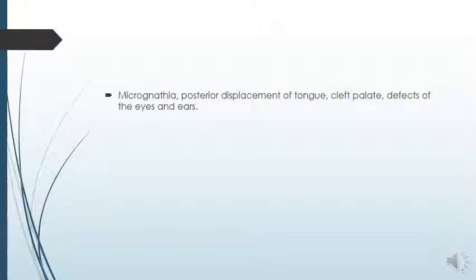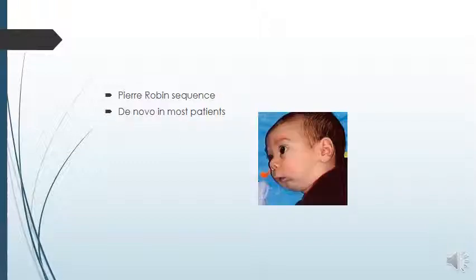And the last one: micrognathia, posterior displacement of the tongue, cleft palate, and defects of the eyes and the ears. The answer to this one is Pierre Robin sequence, and it is a de novo mutation in most patients. This is a very characteristic looking child who has Pierre Robin sequence.